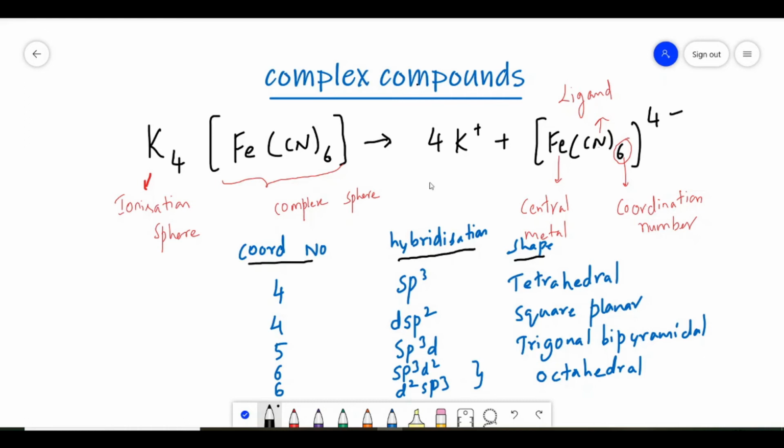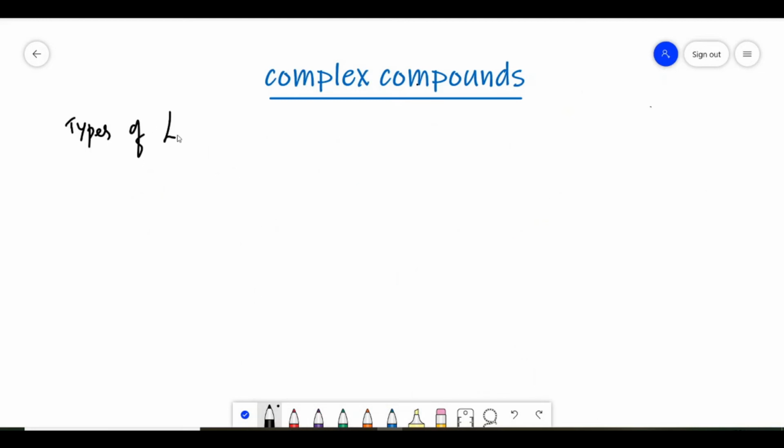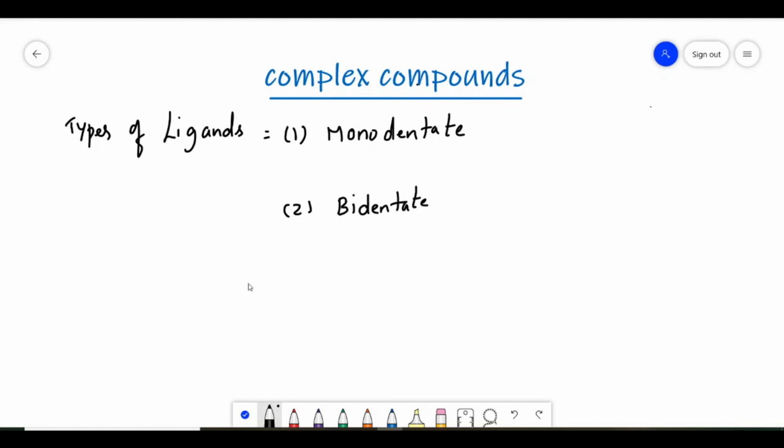Now let us see the types of ligands. The ligands are of different types: they can be monodentate, bidentate, and polydentate.